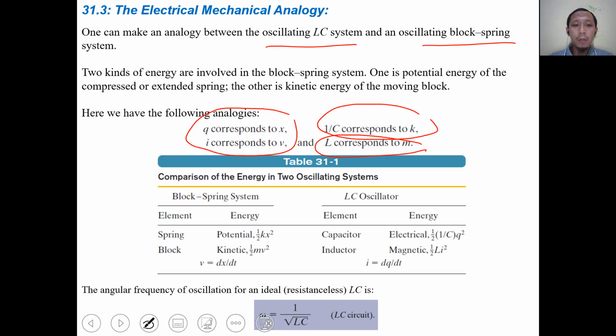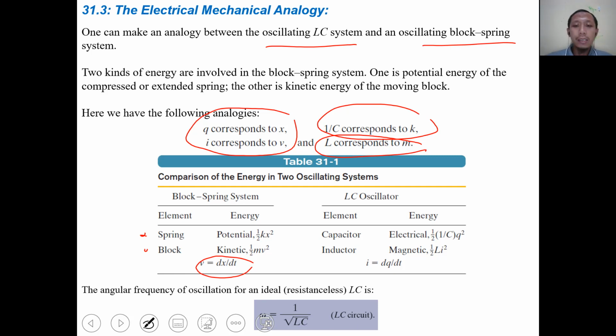So like we have the block spring system like this one. This is the spring, and this is the block. The spring has the potential energy of a half of k x squared, and the block has the kinetic energy of a half of m v squared, and the velocity v is dx per dt.